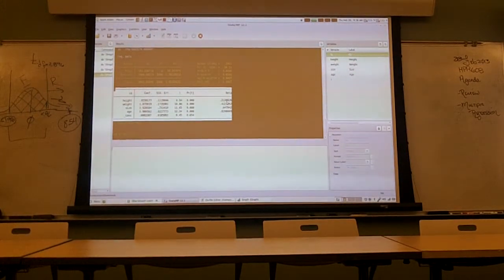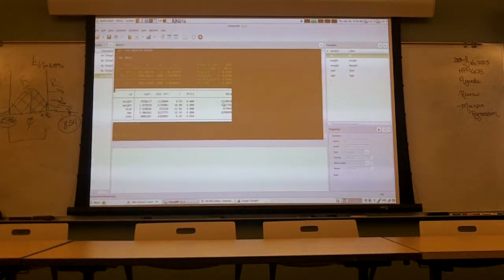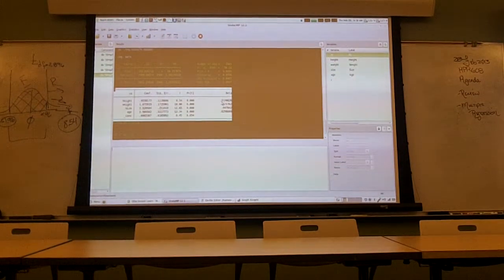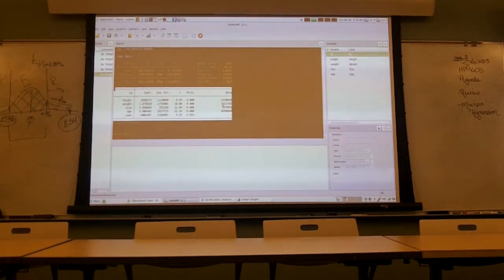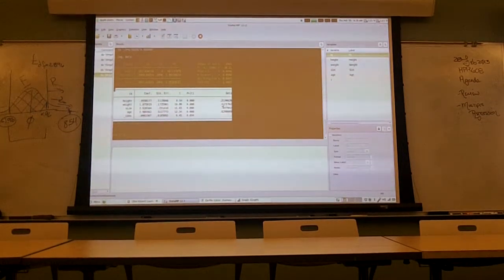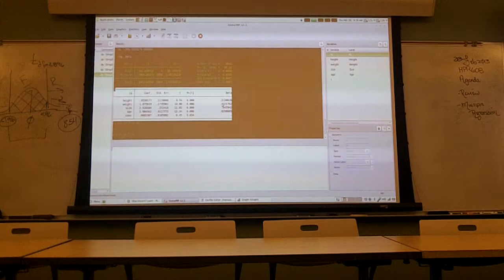Standard deviations. So the interpretation of the beta is for every 1 standard deviation increase in height, because that's the unit we're dealing with here, we expect IQ to go up 0.21 standard deviation units. Okay?